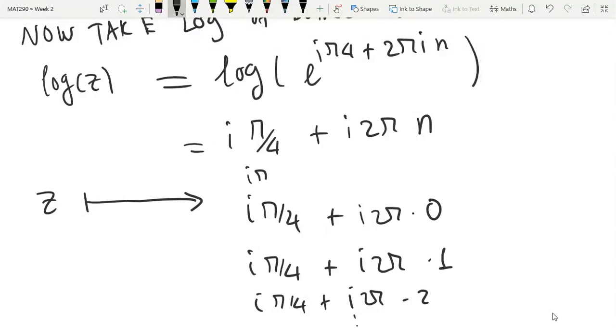And then we can even go the other way, minus 1, and so on.